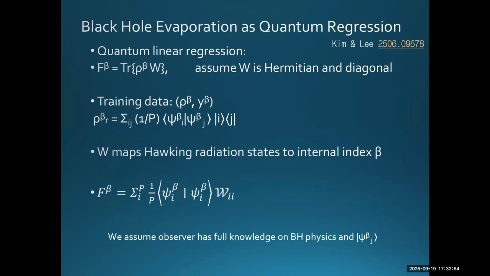In this scenario, we are thinking that a very good observer knows all these states and is training a quantum computer. The super observer trains the quantum computer using this data.